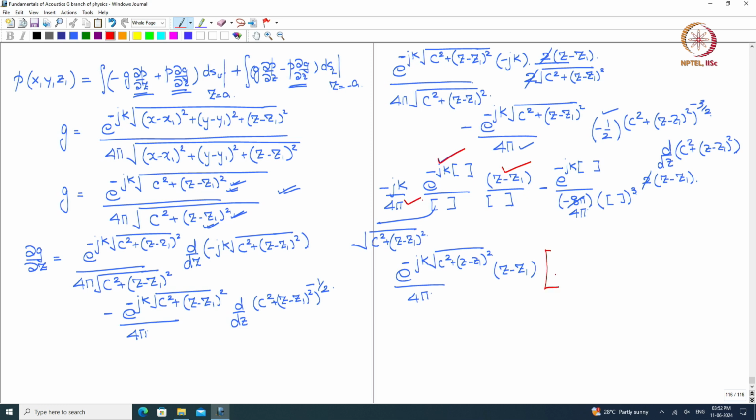Inside now I put minus jk by c squared plus (z minus z1) whole squared and a plus 1 over c squared plus (z minus z1) whole squared to the power 3 by 2.